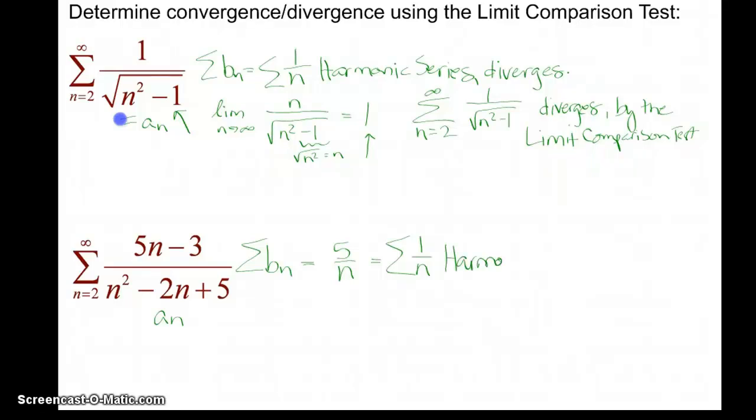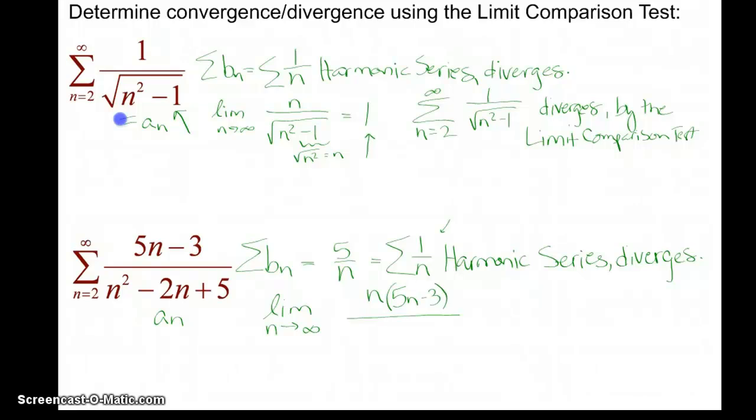So again, this is acting a whole lot like the harmonic series, which I have to show the AP reader I recognize that it diverges. Plug these two things in the limit as n approaches infinity. So I have n, which is 1 over n, times 5n minus 3 over n squared minus 2n plus 5.